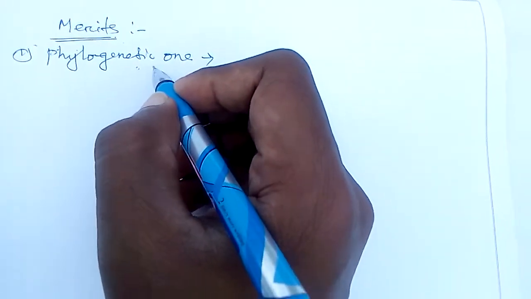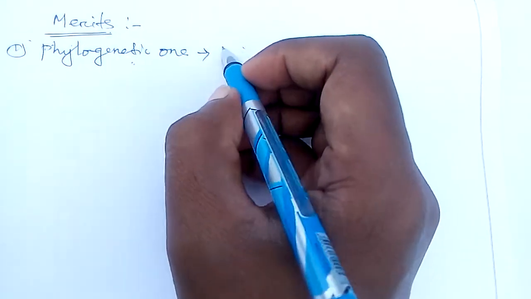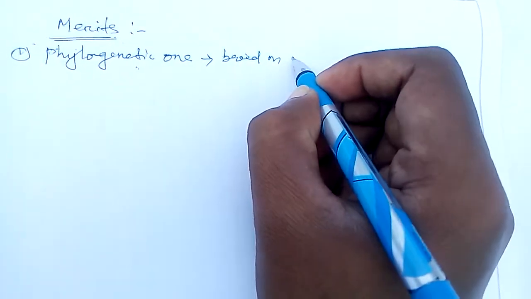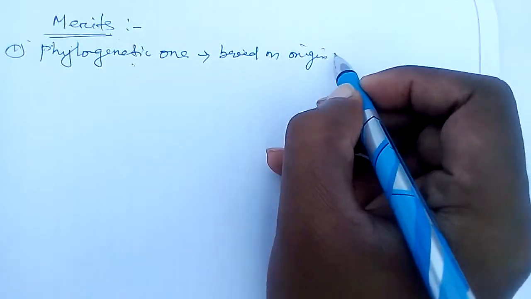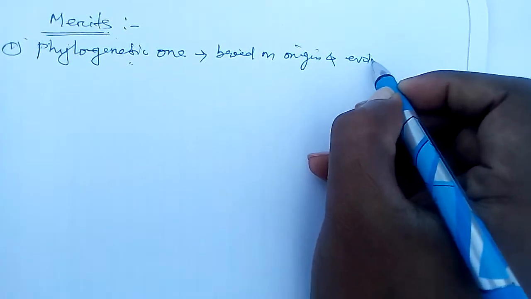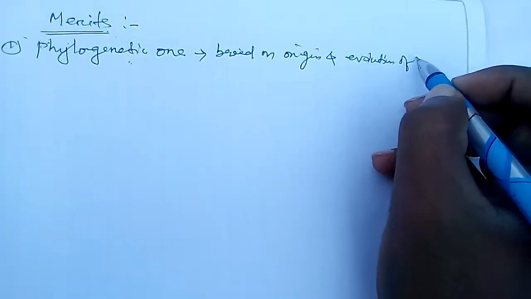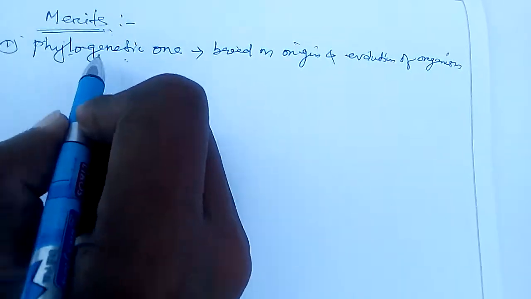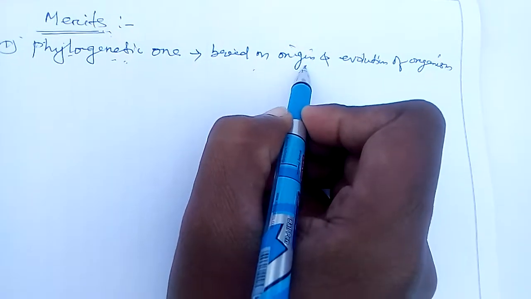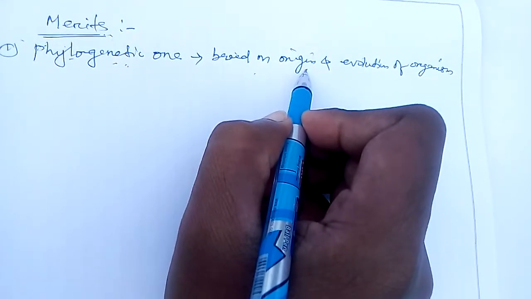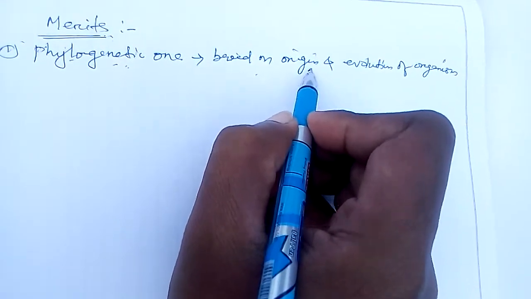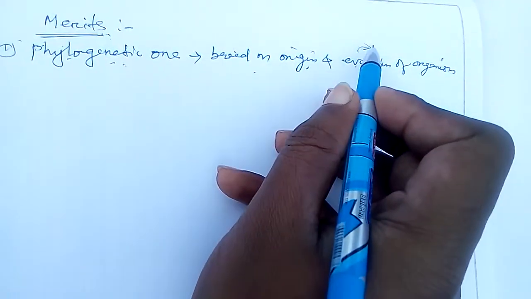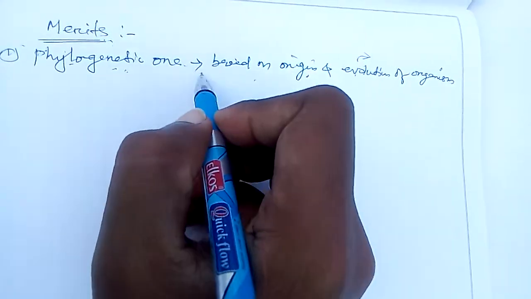Phylogenetic means it is based on origin and evolution of organisms, from where an animal originates. Evolution means how an organism evolves, how an organism comes from. So it is a phylogenetic one.